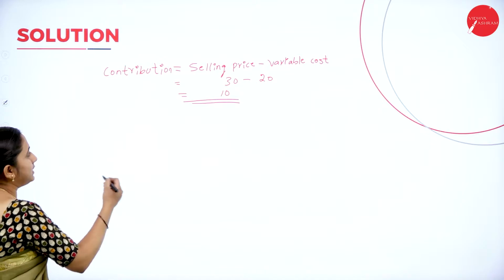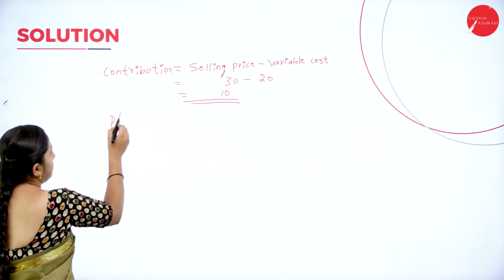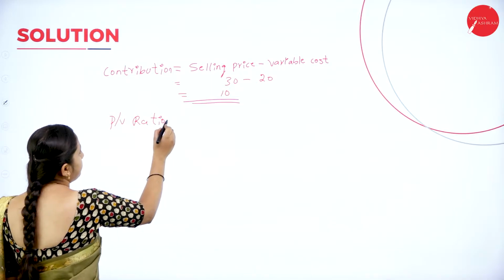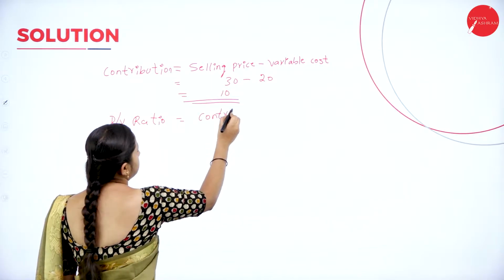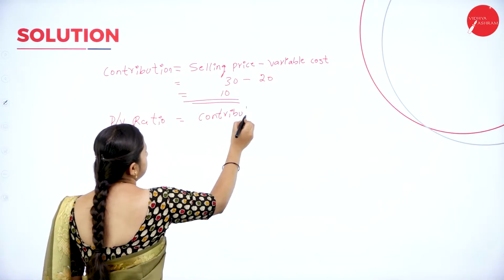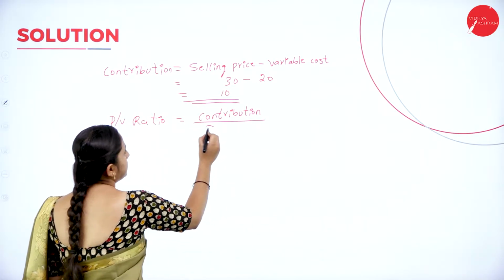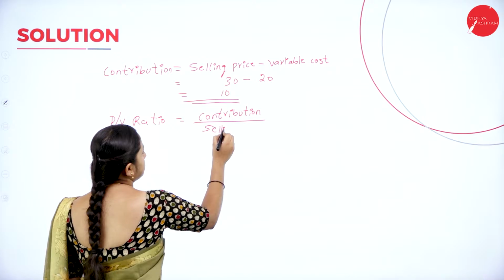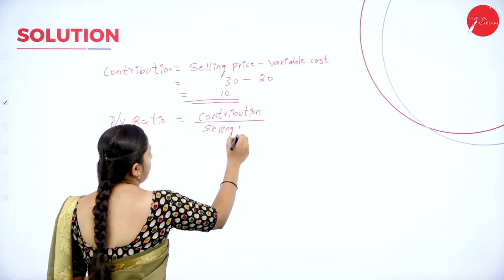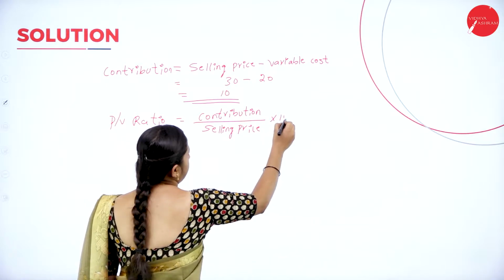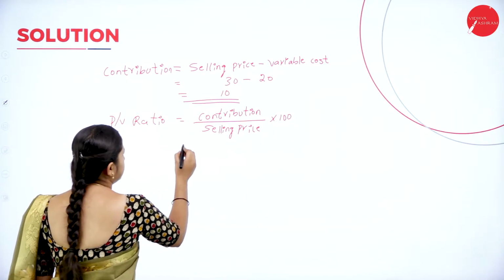Next, calculate PV ratio. PV ratio is equal to contribution divided by selling price into 100.